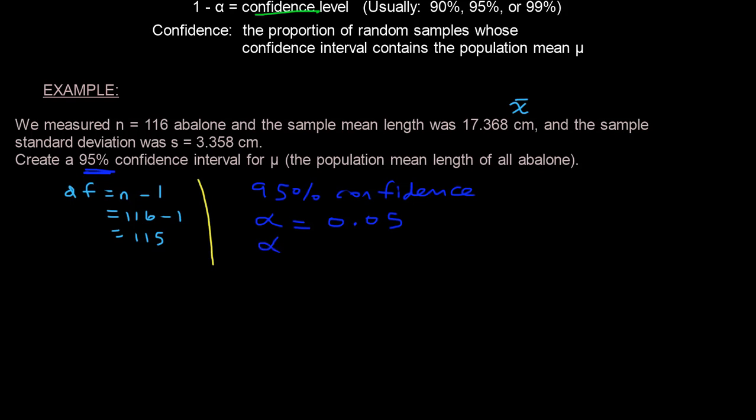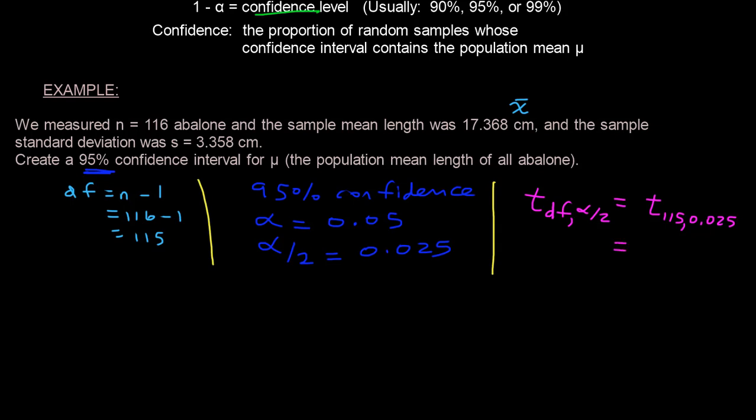But we need to split that in half for the two tails, 0.025. With this information, we can now find our T critical value, because now we know to go to the T table with 115 degrees of freedom and 0.025 as the upper tail area.